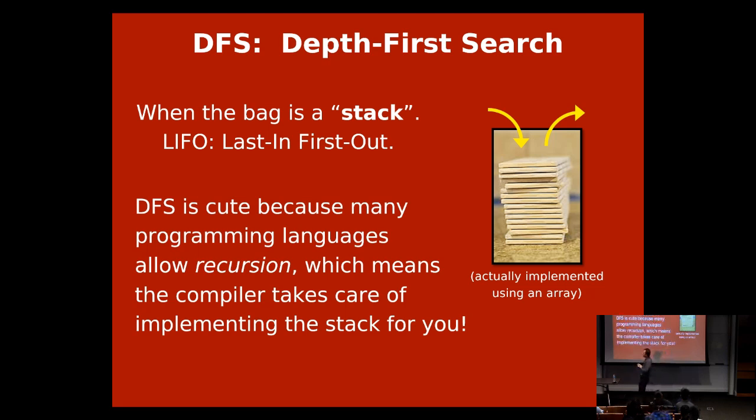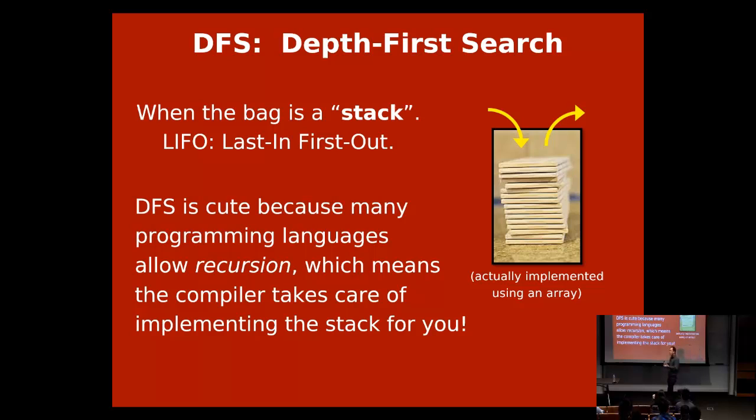Now, one cute thing about depth-first search is that if you're writing it in a high-level programming language as opposed to a Turing machine or something, usually programming languages allow recursion. And how does recursion actually work when it gets compiled down to Turing machine-like code? The compiler needs to keep track of where you are in all these function calls, and it uses a stack for that.